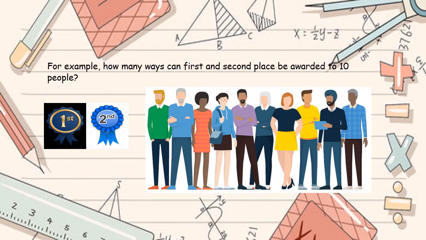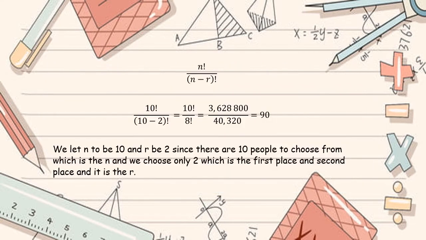For example, how many ways can first and second place be awarded to 10 people? We let n be 10 and r be 2 since there are 10 people to choose from, which is the n, and we only choose 2, which is the first place and second place, and it is the r.